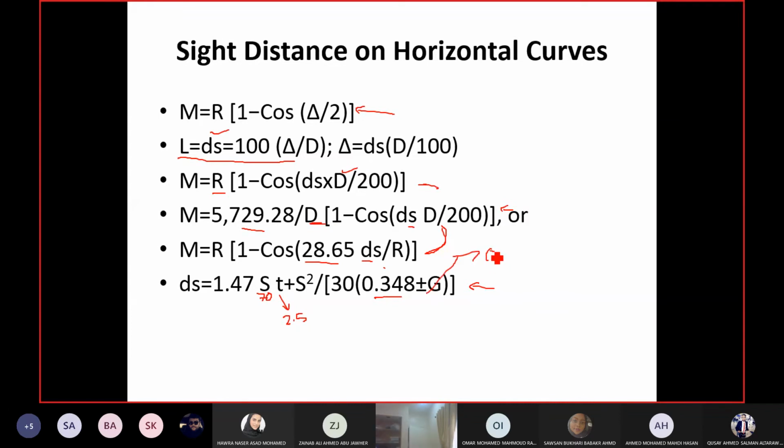Gradient is 0. Okay. How much is DS? Yes, DS.